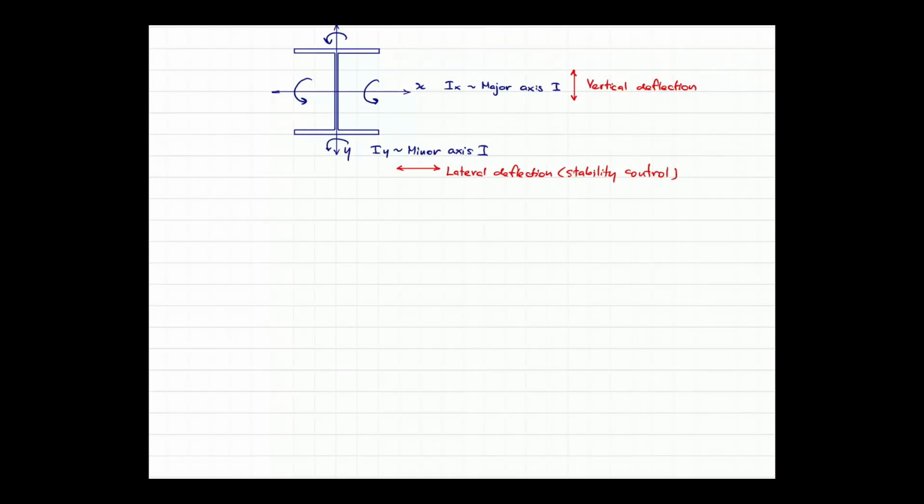beam case, we have the yielding of steel, which is going to control the capacity of the cross section.